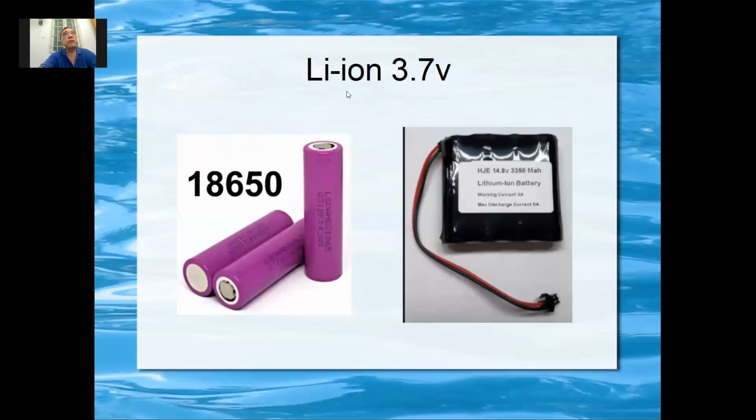Now we go to the lithium ion battery, 3.7 volt. Normally they call it 18650. This is the size of the battery, the dimension. Based on this dimension, you won't know if it is lithium ion or lithium iron. The two sound like iron and ion.